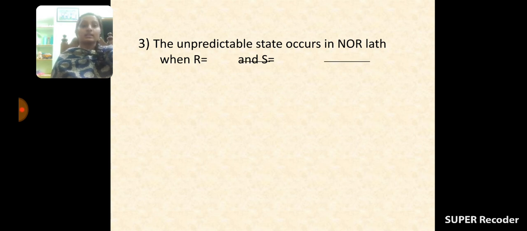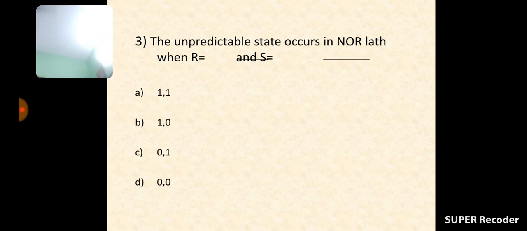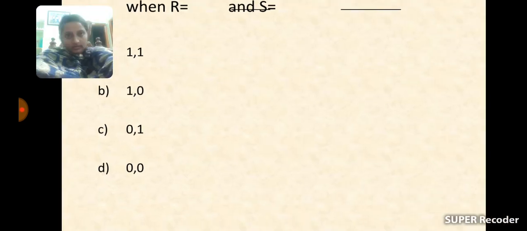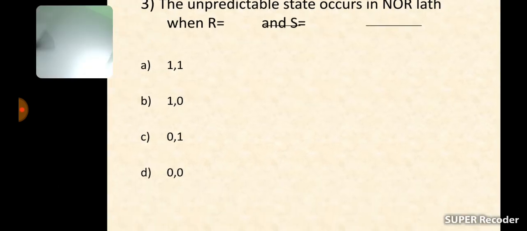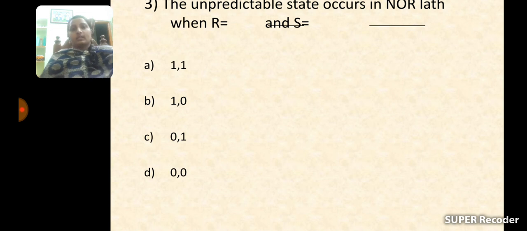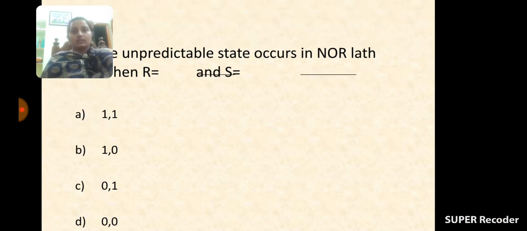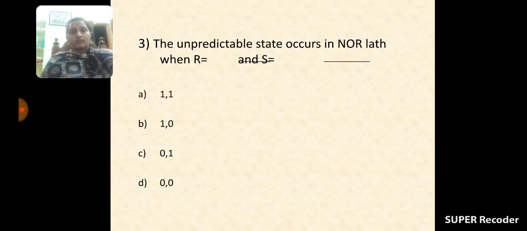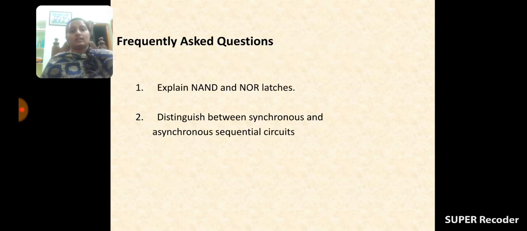In a NOR latch, we get the unpredictable state when R is equal to 1 and S is equal to 1. My answer is 1 and 1. Yes, it is correct.